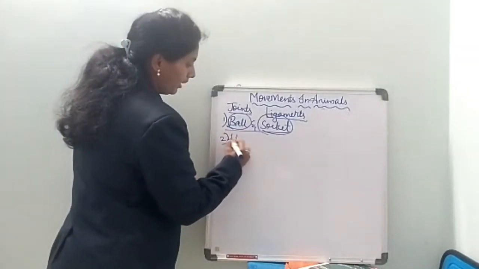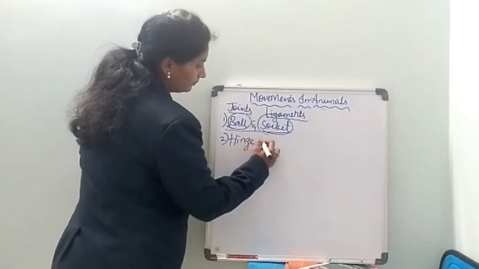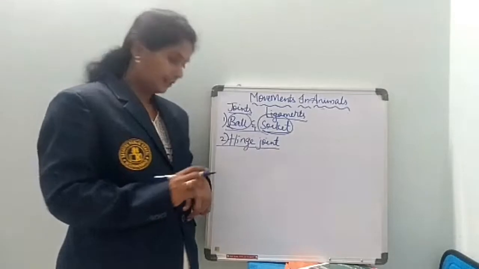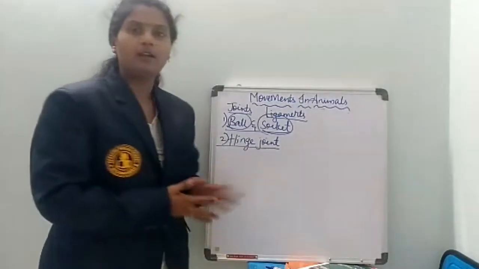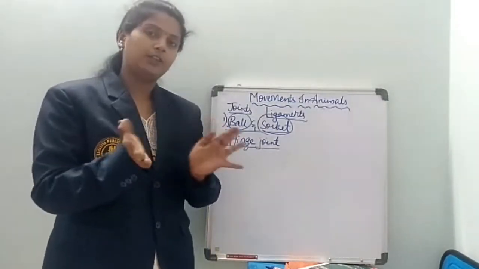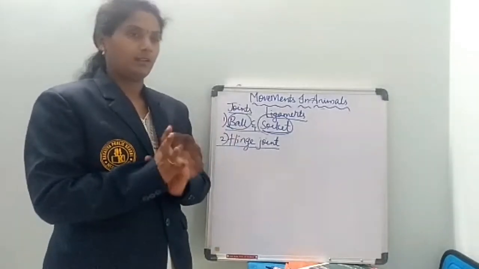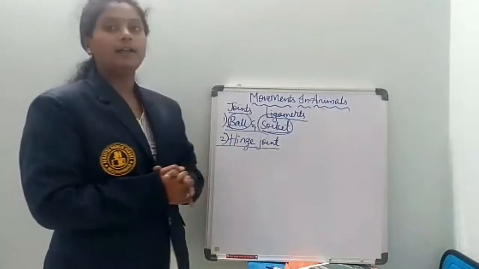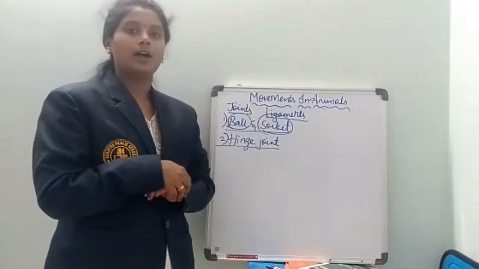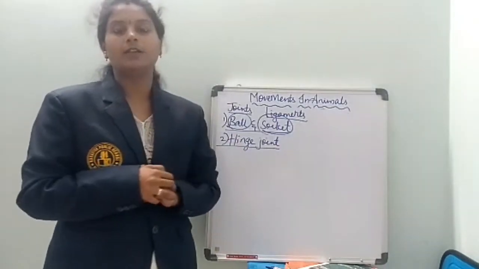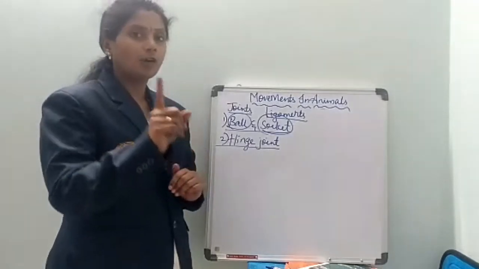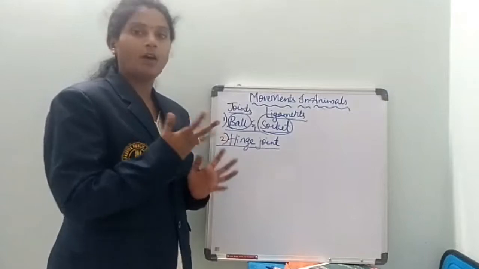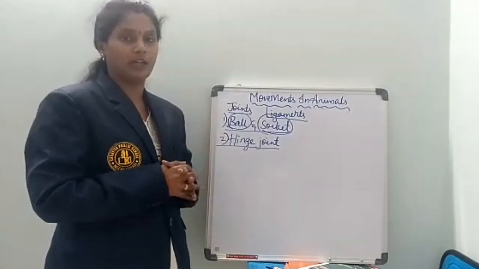Next, moving on to the hinge joint. Very simple. Have you observed the doors in your house? Everyone has doors for every room, and while you are opening or closing the door, the door moves only in one direction, either inside or outside, but not to both sides.